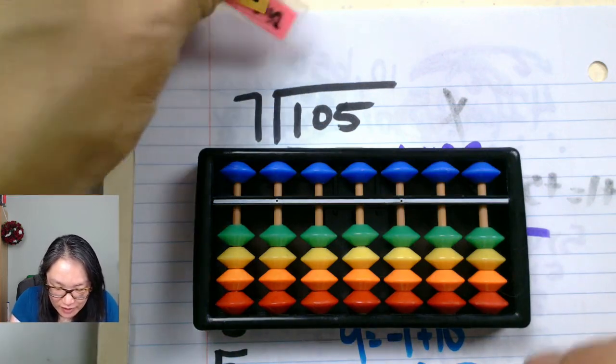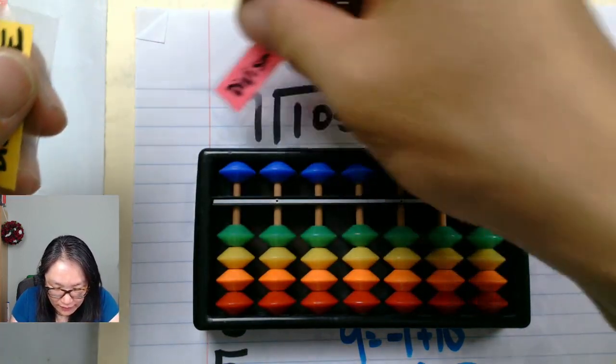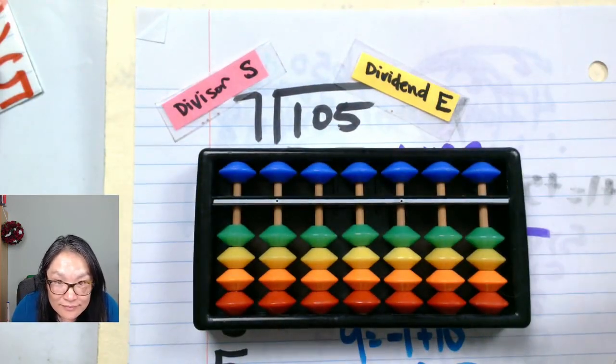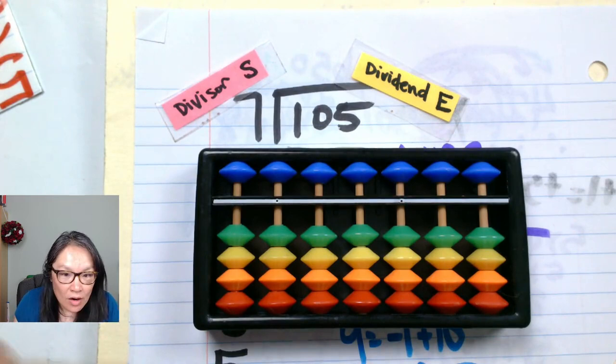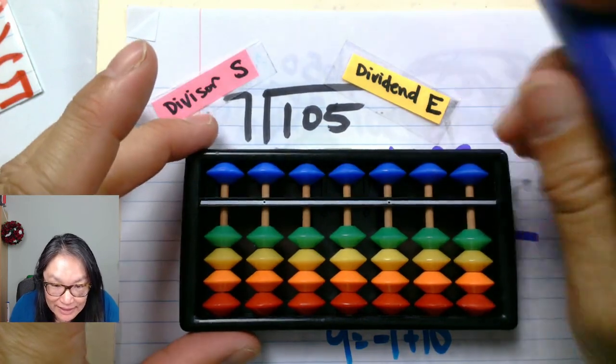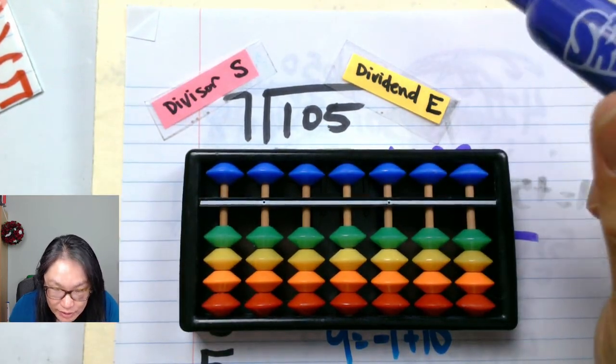Alright. The first thing we're going to do is understand our divisor and our dividend. Okay? Excuse me. Okay. So what's going to happen is we still need to count our digits. Why?